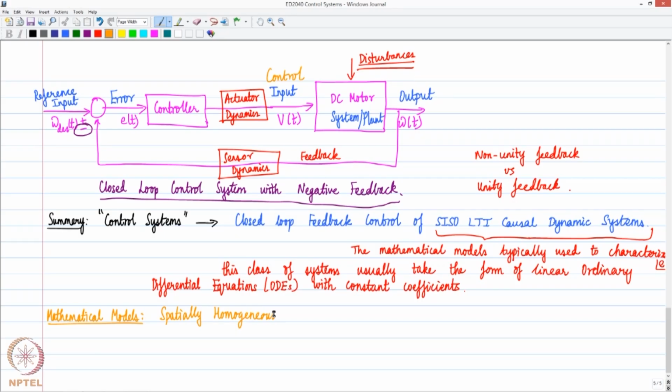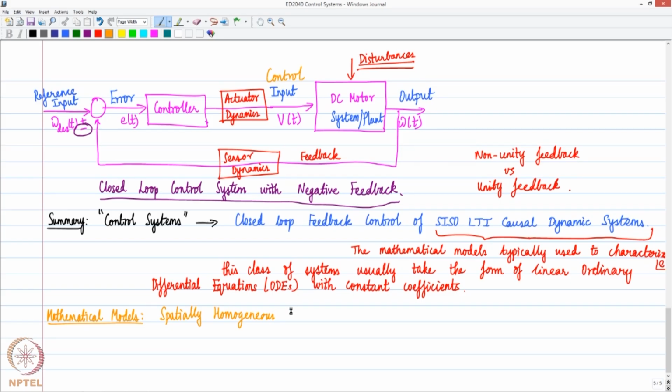But what we do is lump the temperatures of all the points in this room into a single entity which can be represented as a function of time. In a certain sense, we are lumping the effects as far as spatial variation is concerned, and we assume that the entire room can be characterized by a single temperature which is only a function of time. So spatially homogeneous means we are following a lumped parameter approach towards modeling.